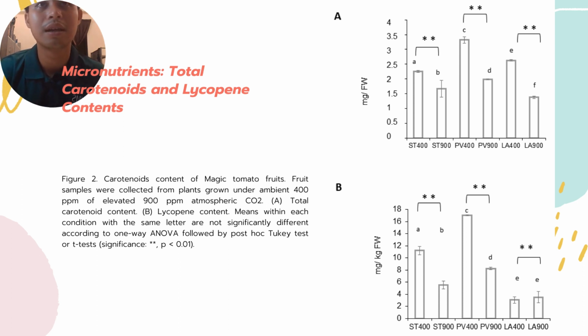As you can see here, the value of total carotenoid content for 400 ppm concentration of CO2 is higher compared to 900 ppm concentration of CO2. For the lycopene content, the 400 ppm is higher than 900 ppm concentration of CO2.